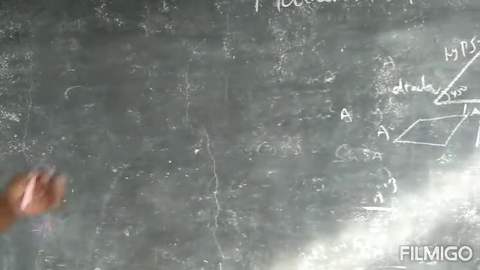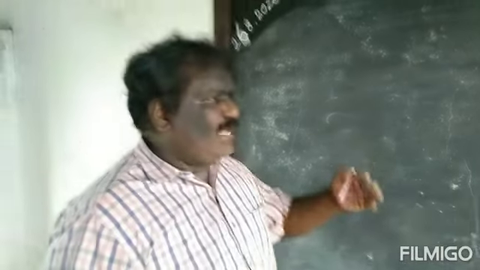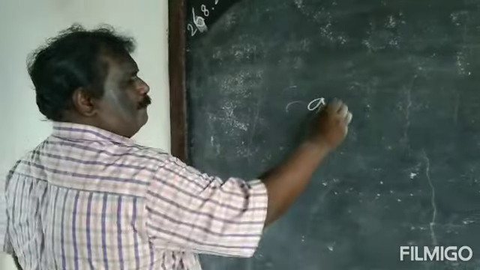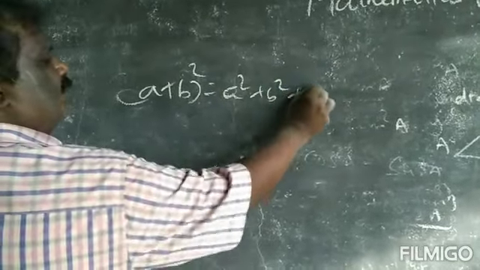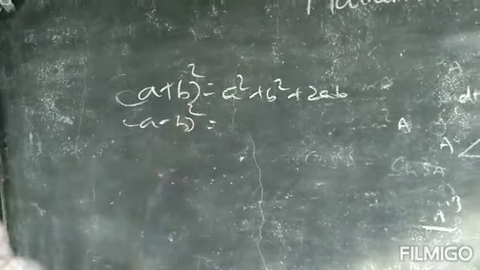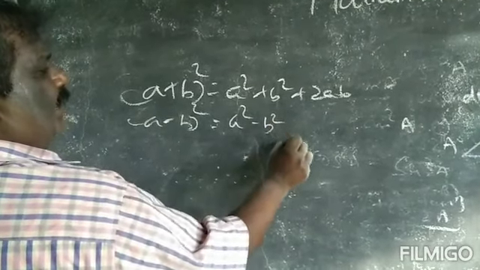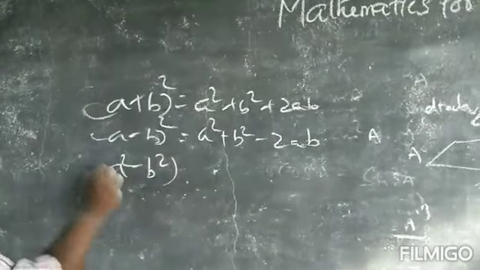So today we are going to discuss the different aspects connected with algebra. So a plus b square is equal to a square plus b square plus 2ab. A minus b square is equal to a square plus b square minus 2ab.